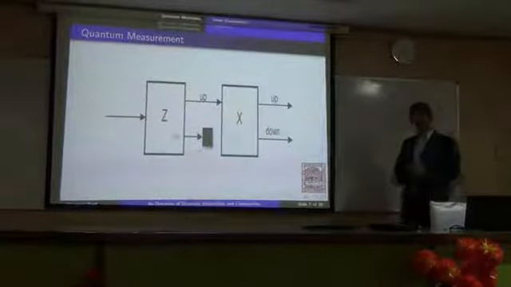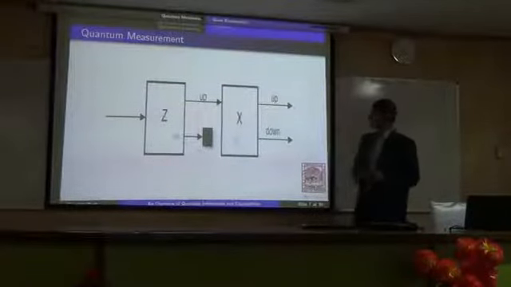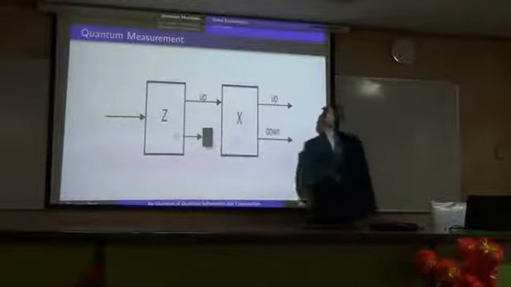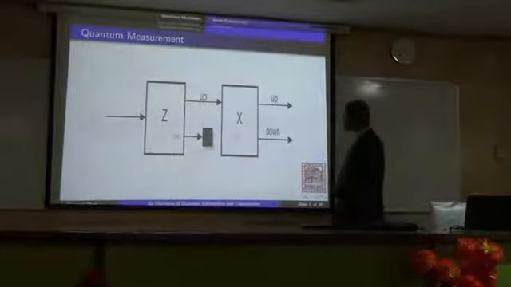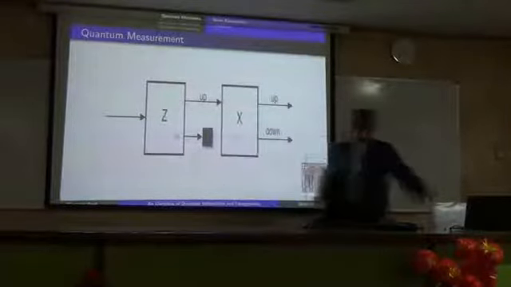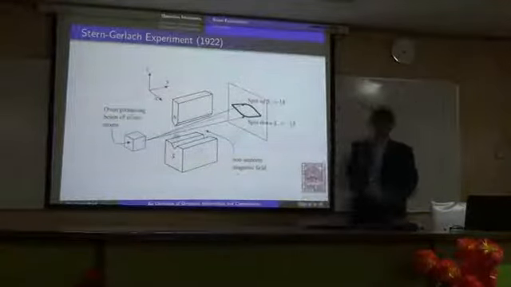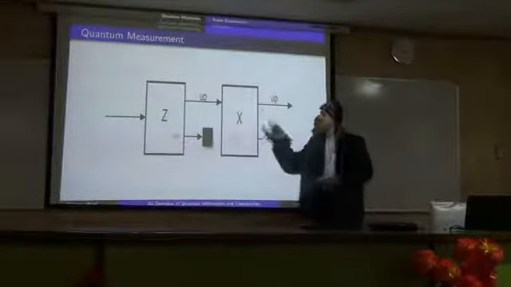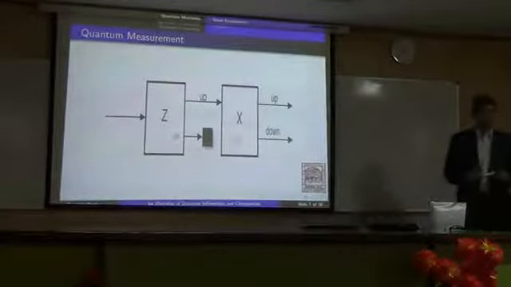So there is perfect correlation between what is expected in theory and what you observe in practice. But now, suppose I block the 50 atoms that show z down. I only allow the 50 atoms that show z up to go through. I don't allow the bottom ones. Now I measure the spin of these particles in the x direction.